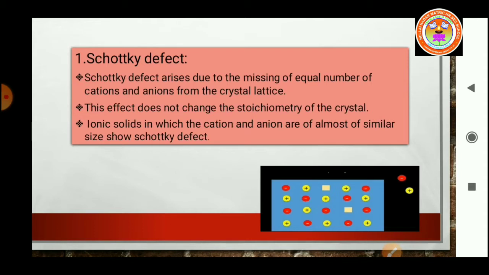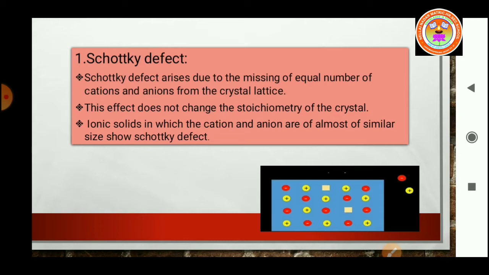So this defect does not change the stoichiometry of the crystal, because missing one cation is equal to missing one anion. And what is the third point here? Ionic solids in which the cation and anions are of almost similar size.